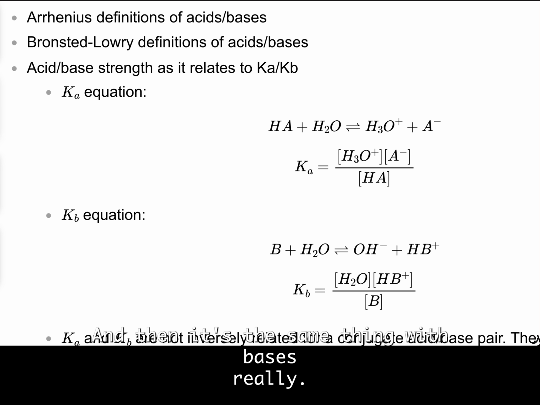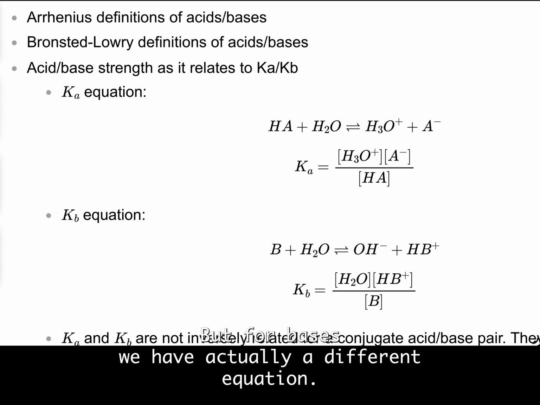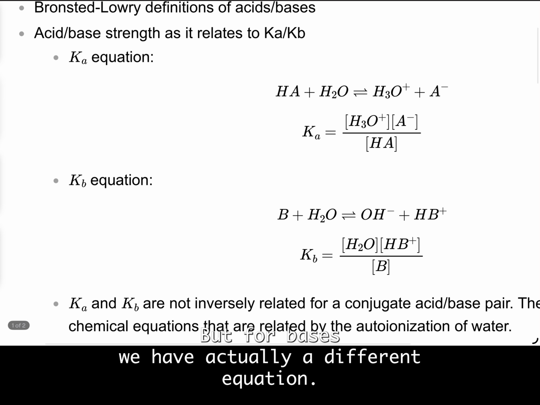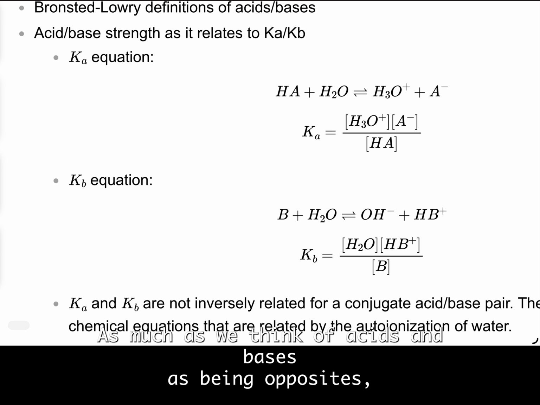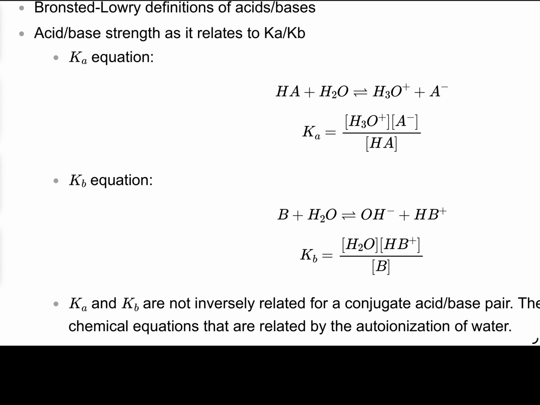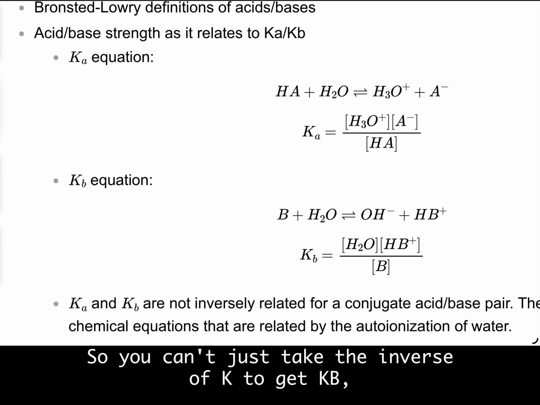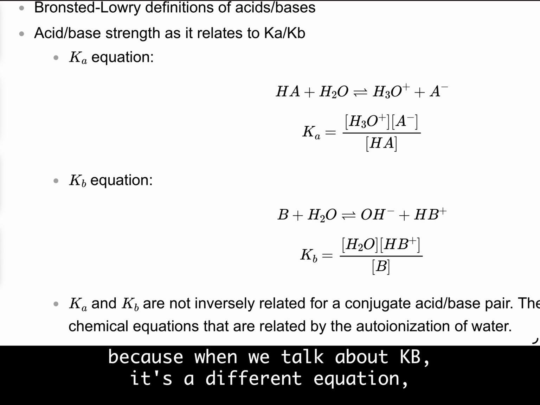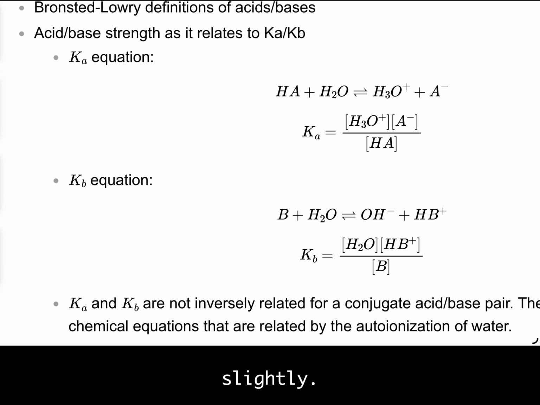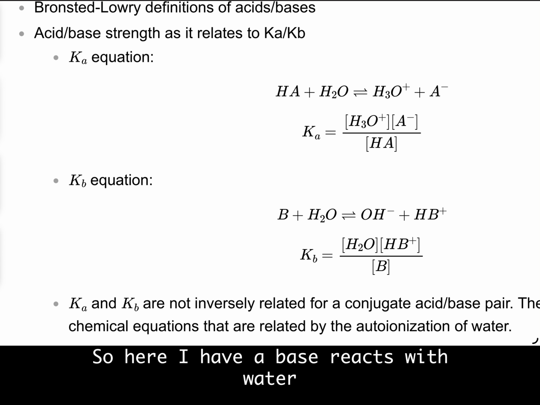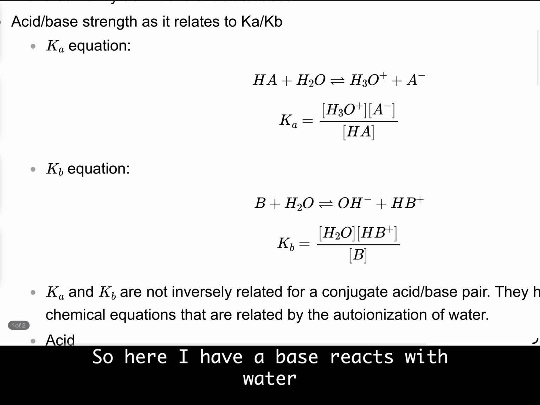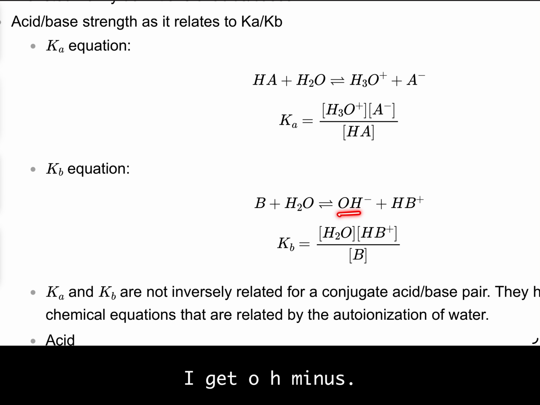And then it's the same thing with bases, really. But for bases, we have actually a different equation. As much as we think of acids and bases as being opposites, they're not exactly opposites. So you can't just take the inverse of Ka to get Kb, because when we talk about Kb, it's a slightly different equation. So here I have a base reacts with water. I get OH minus, and then my conjugate acid of the base.